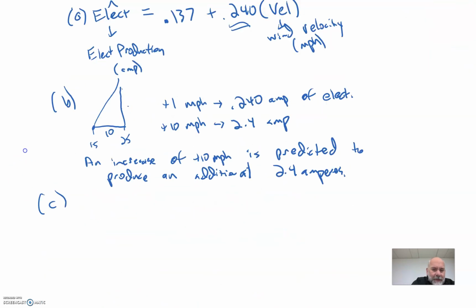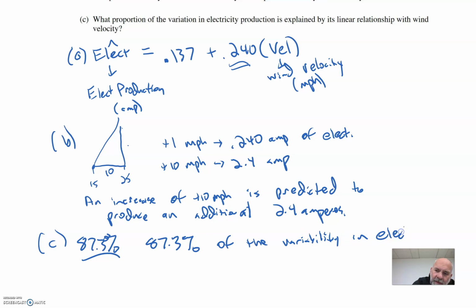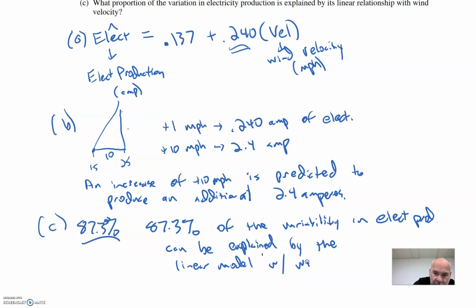That's R squared. So that's 87.3%. And just to write it all out, I don't think I need to. 87.3% of the variability in electricity production can be explained by the linear model with wind velocity.